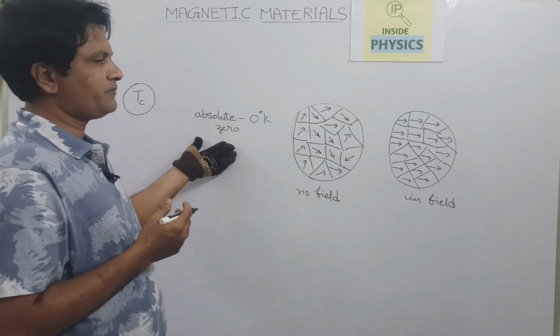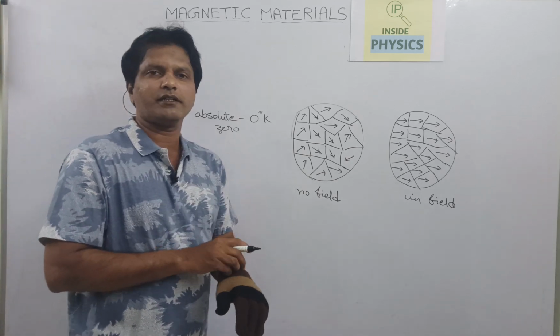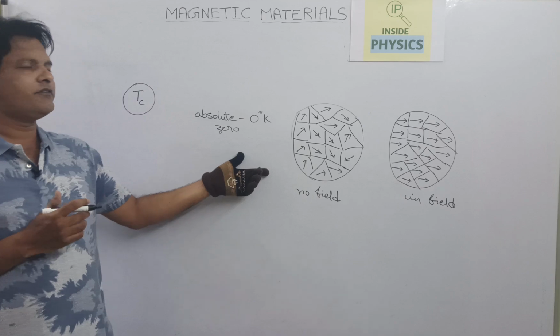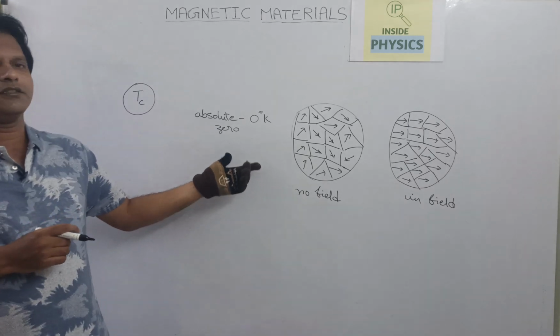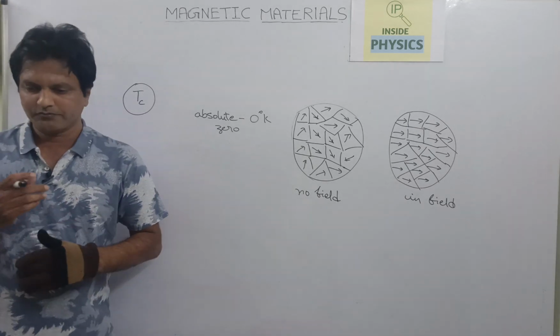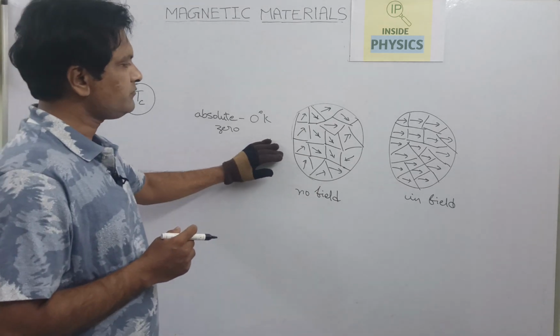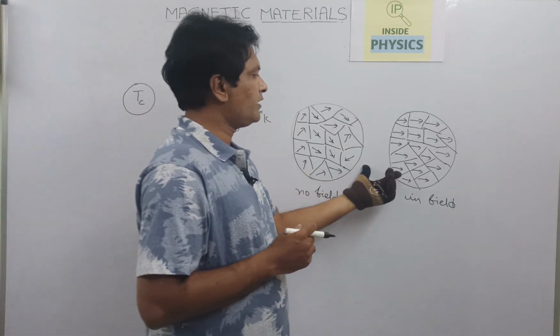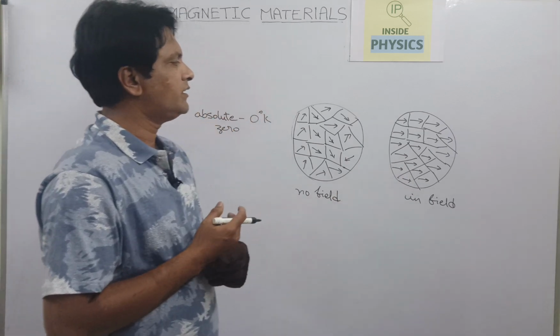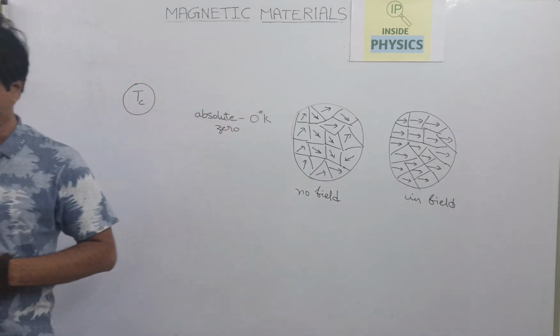So this is what happens when the spontaneous magnetization happens inside a ferromagnetic material, and it is temperature dependent. So here we will consider what is a domain, a ferromagnetic domain. This domain is a space, as I already told you, an imaginary space inside a ferromagnetic material.